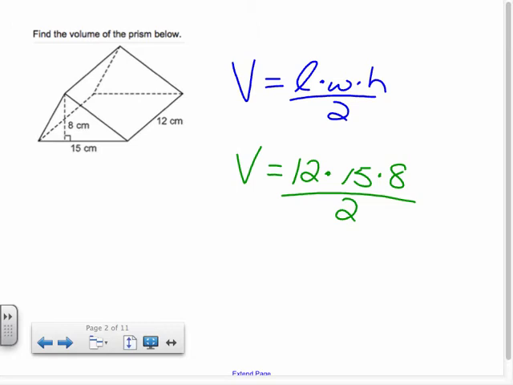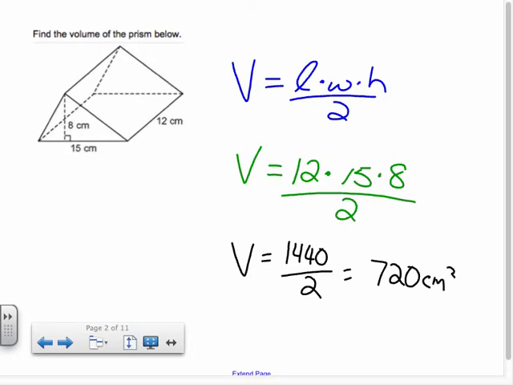So if you have your 12 and 15 mixed up, that's okay. It'll still work out. If we multiply our 3 top numbers, we end up with 1440. We divide that by 2 to get 720 centimeters cubed as the answer.